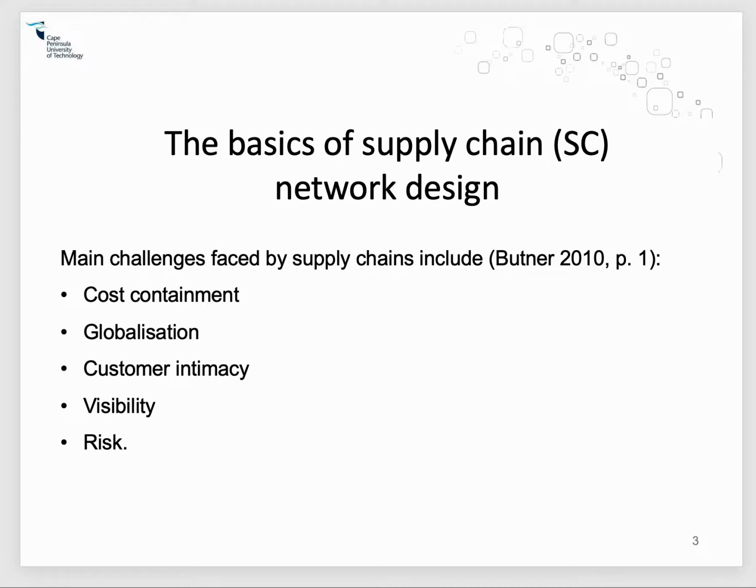Then, customer intimacy also refers to an approach to supply chain network design in which the supply chain is designed from a customer's point of view. So, that is also customer intimacy. And then, to overcome these challenges, the supply chain networks have a specific design requirement. So, to make sure that they have a particular design in mind.